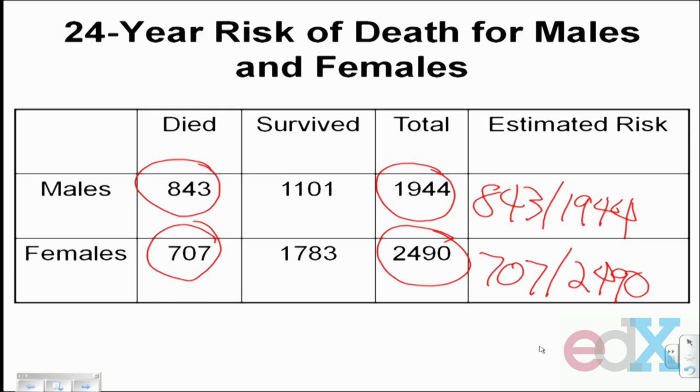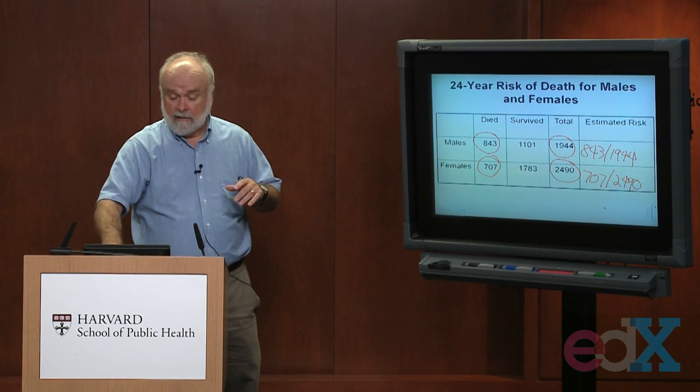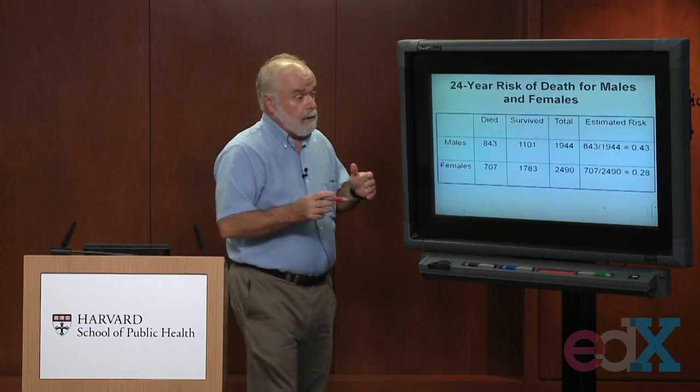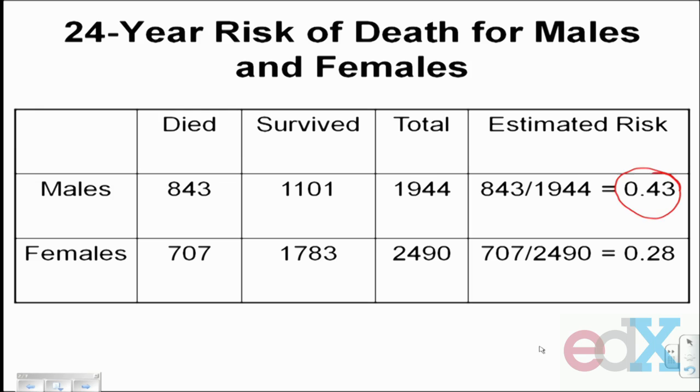And what I asked you to do first is to compare those two, either by taking their ratio, calculating a risk ratio, or taking their difference, calculating a risk difference. So for the risk ratio, you would be comparing a risk of 0.43 among men, 43% of the men died during the 24 years of follow-up, to a risk of only 28% among the women.